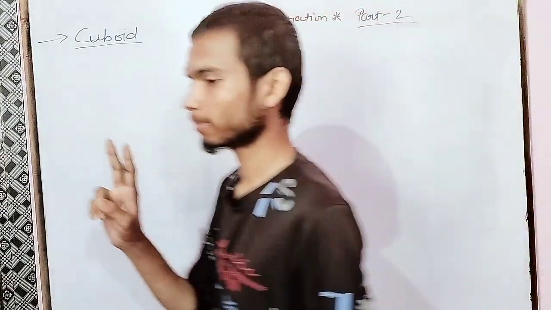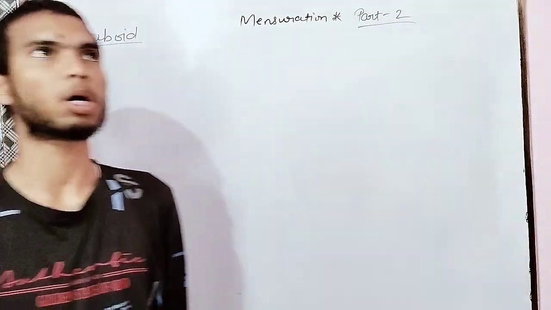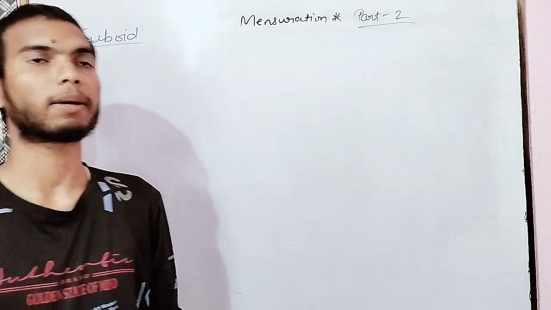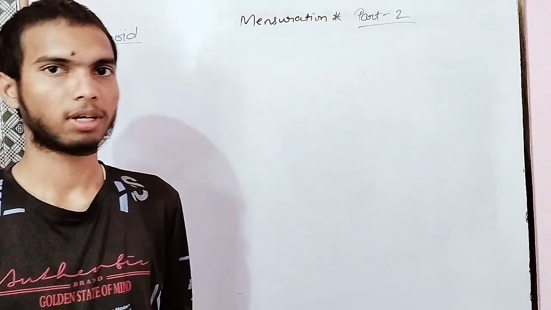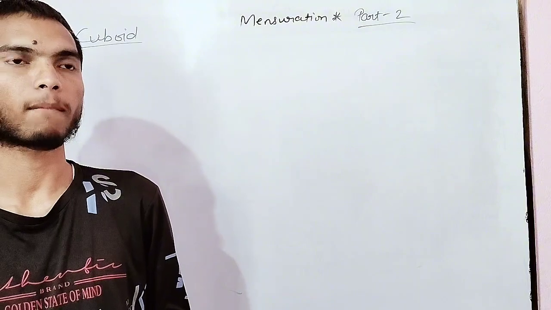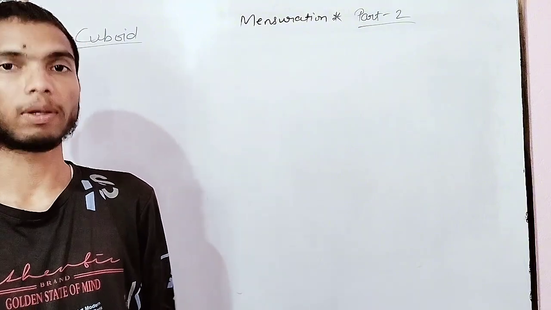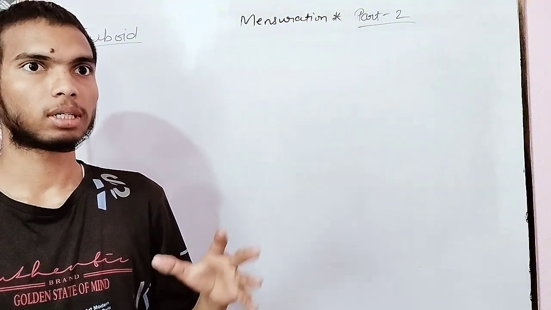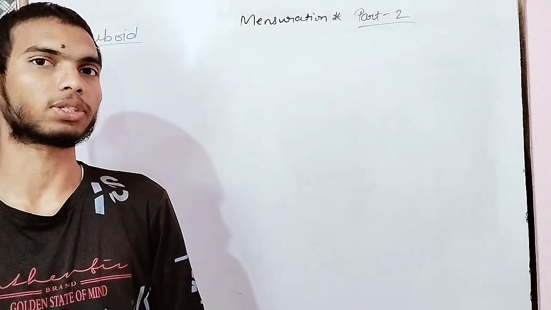Part 2. In part 1 we were discussing finding the area and perimeter of 2D shapes. But in this part, which is part 2 of mensuration, we will focus on finding the area of 3D shapes.